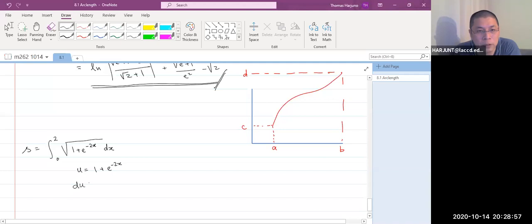So the derivative is negative 2 e to the negative 2x dx. Such that, notice that e to the negative 2x equals u minus 1. So dx is equal to negative du over 2 times u minus 1.